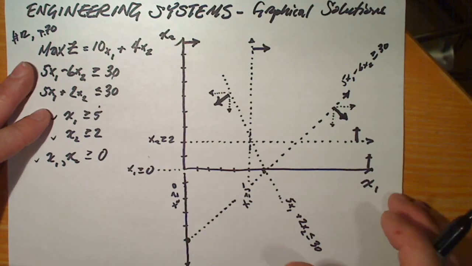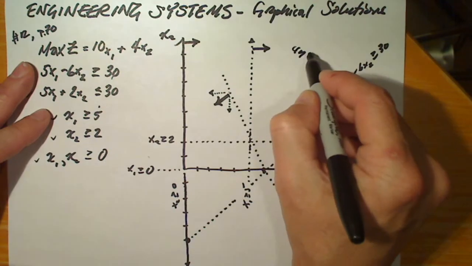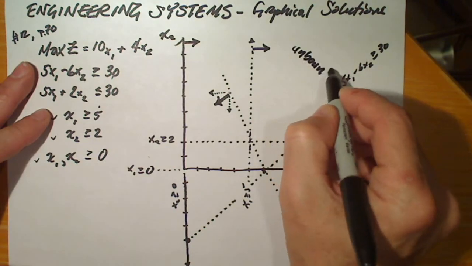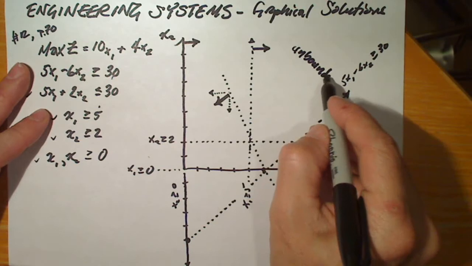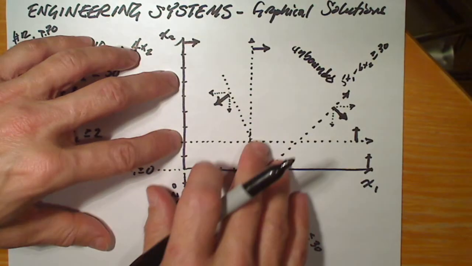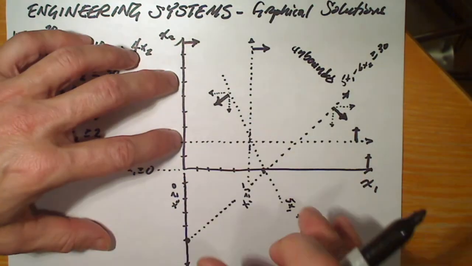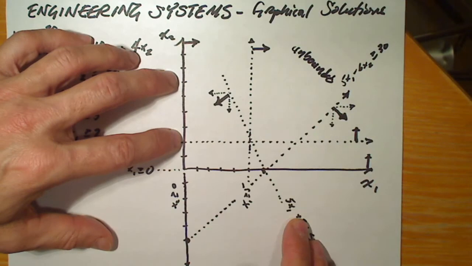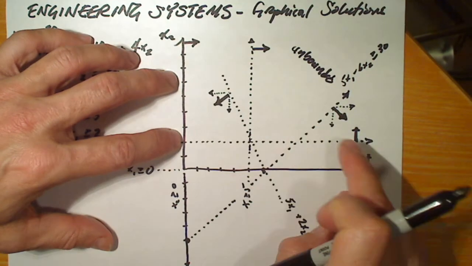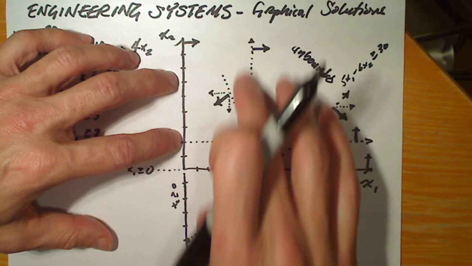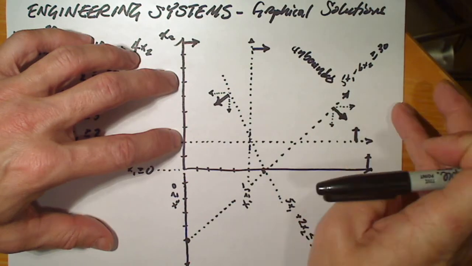Now we can see that we have an unbounded problem. That is, this is going to be a little tricky. Without this constraint, we could imagine a feasible region that satisfies this one, this one, this one, and it would be unbounded.